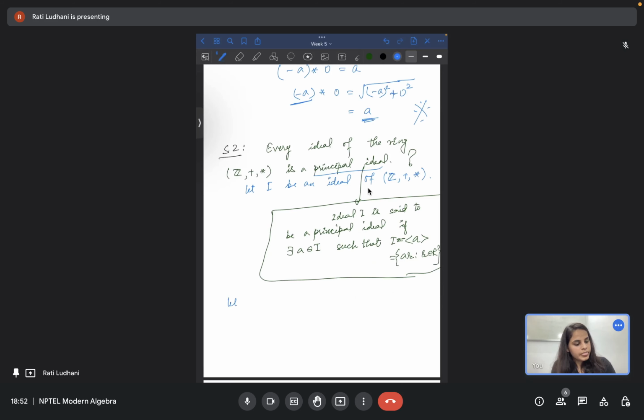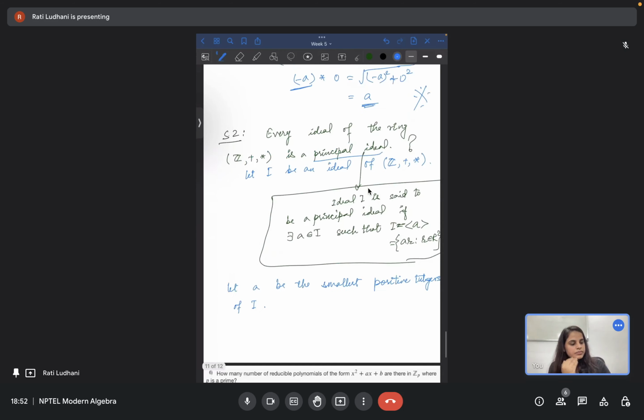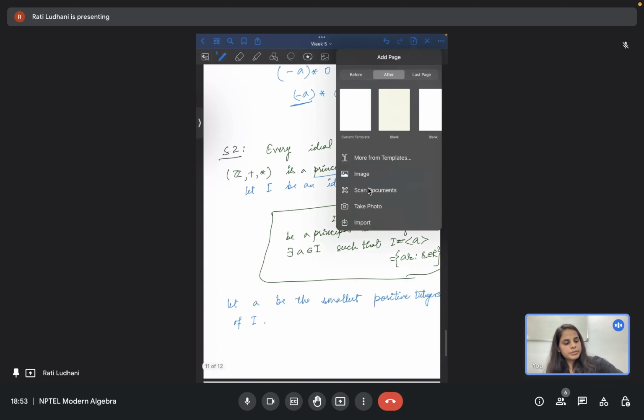Let A be the smallest positive integer in I. That is always possible, because whatever you have, you can always find the smallest positive integer of ideal I. Then what will happen?